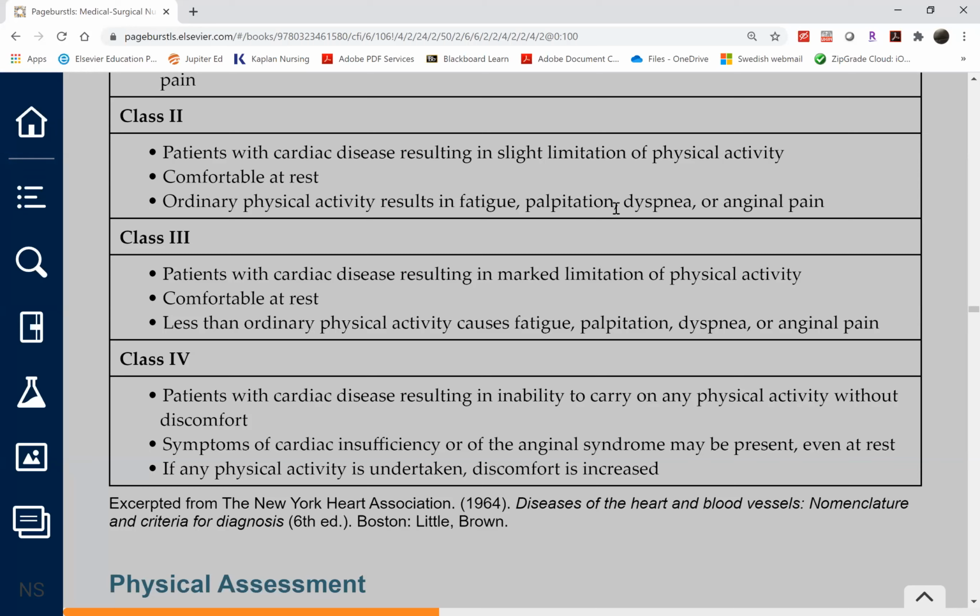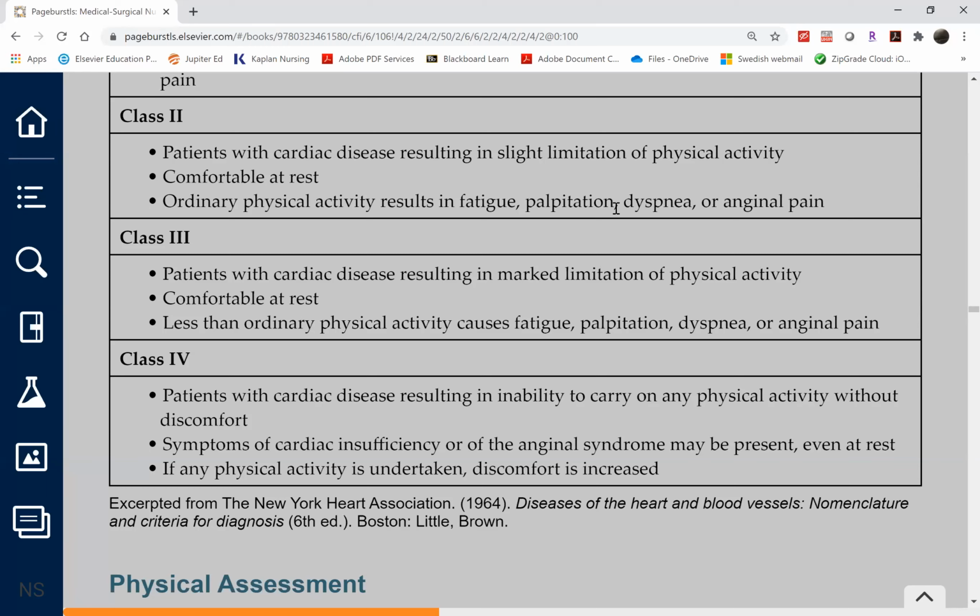I guess heart assessments. Well, the patient's about to give birth next week, and they have class 2 heart failure. Better rest. Keep her at the hospital? And they go into labor? No. Is labor ordinary physical activity?